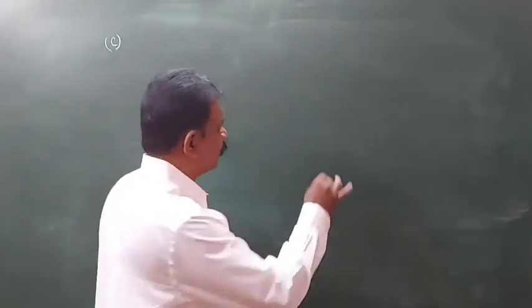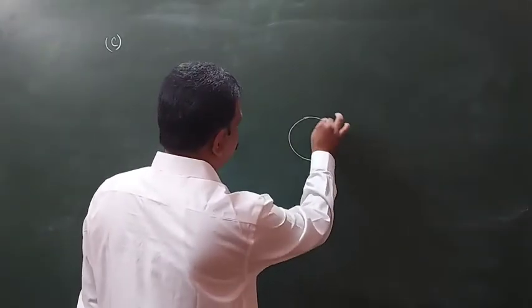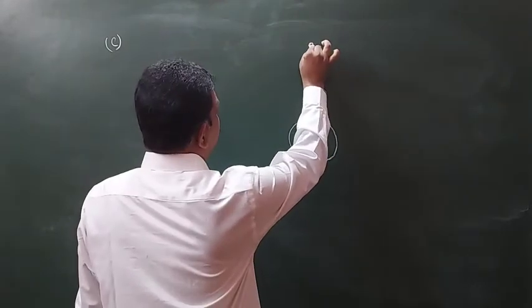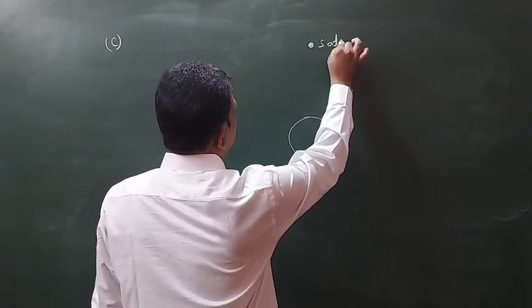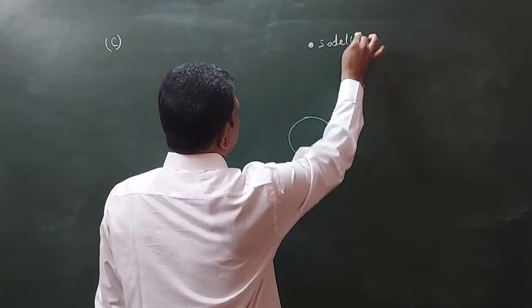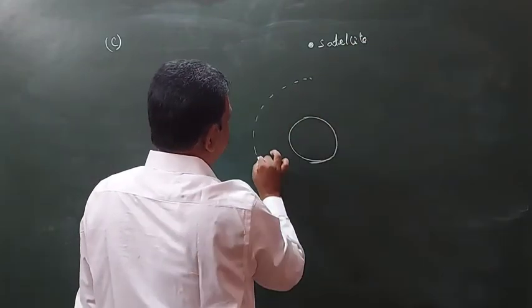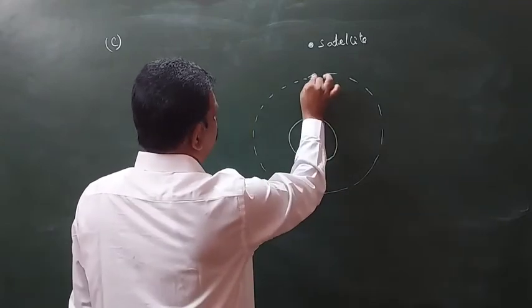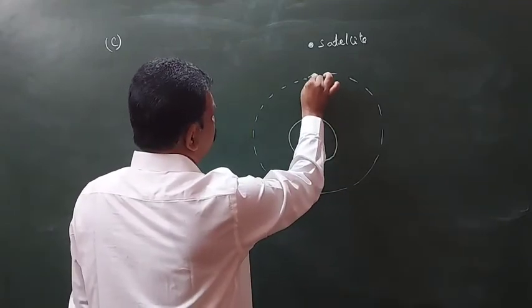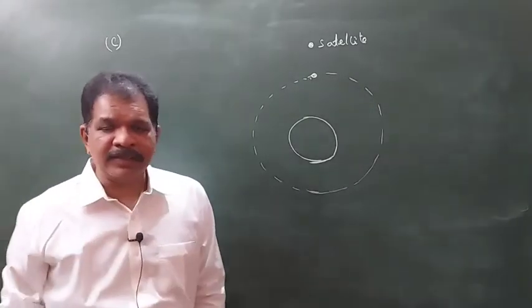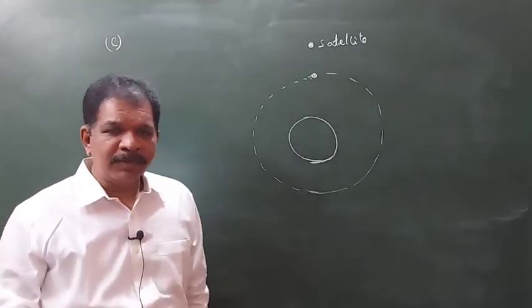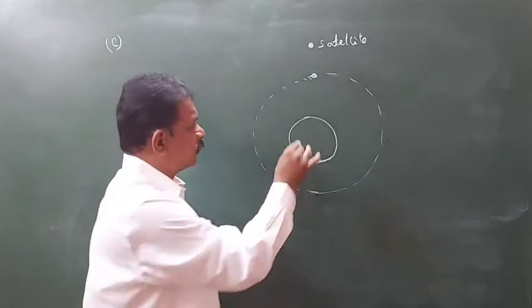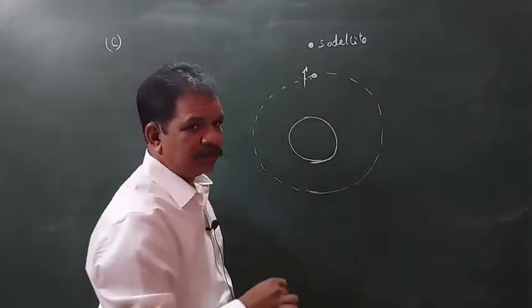This is the earth. Here one satellite is there. This is Earth's atmosphere, let it be. When it enters into the Earth's atmosphere, it will create resistive force. It will try to oppose that motion.